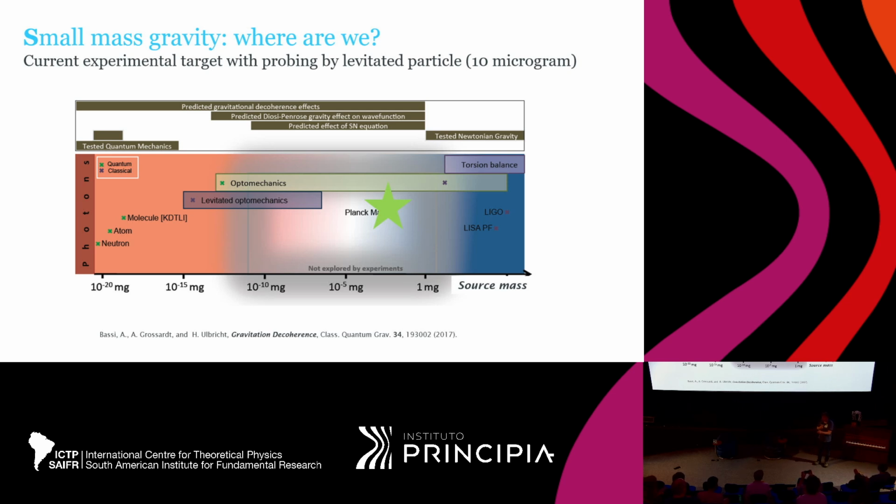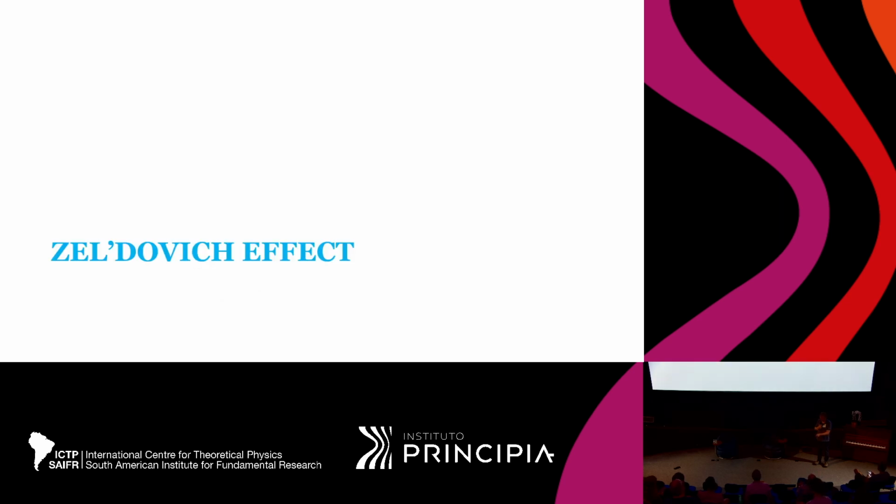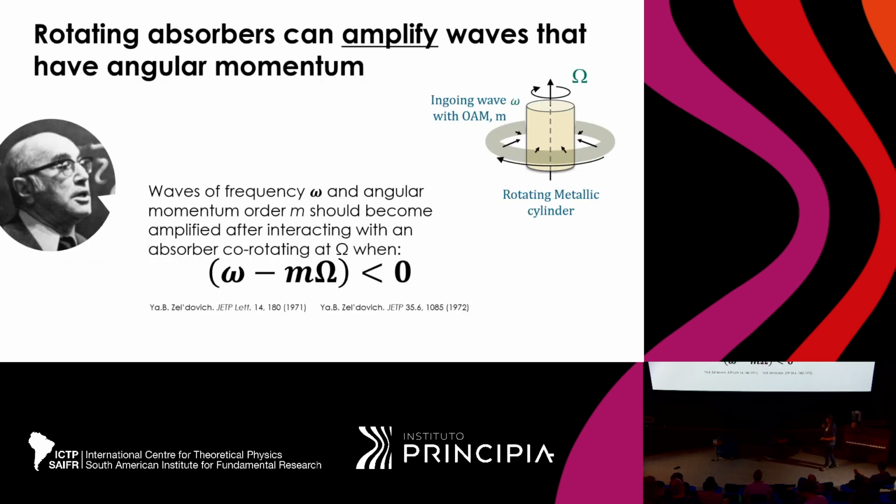Okay, so maybe just a very brief flash. There's this effect, now for something completely different, or maybe not, which is using mechanical rotational energy to increase the energy of an electromagnetic wave. That was predicted by Zeldovich in '71, and it looks a bit like this. You have a metal cylinder which is rotating at big omega, and then you have an angular momentum mode of light.